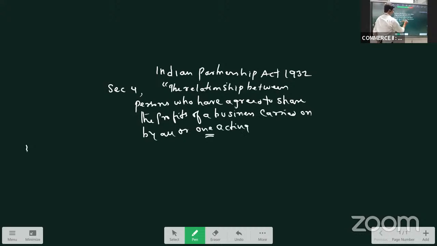This is the definition given in Indian Partnership Act 1932, Section 4.